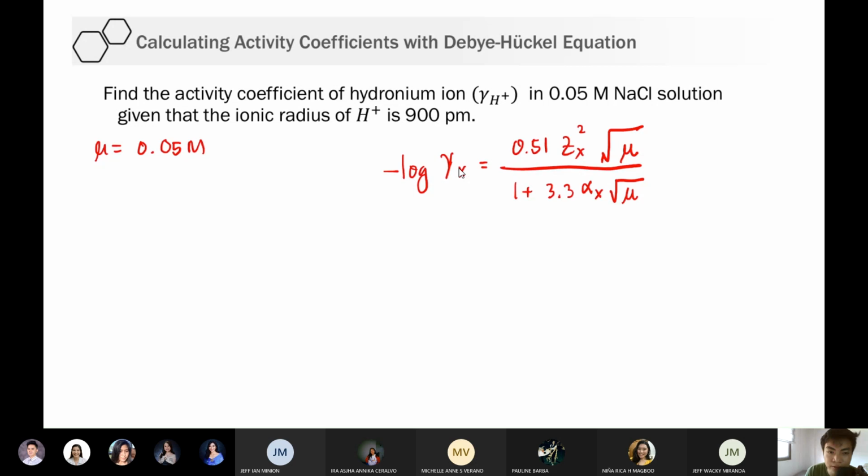If you want to solve for gamma, and that is inside the logarithmic function, what will we do? In order to remove the gamma from the log function, you have to do the anti-logarithm of this equation to solve for gamma. So how can we do that? For the negative sign, you transpose it on the other side.